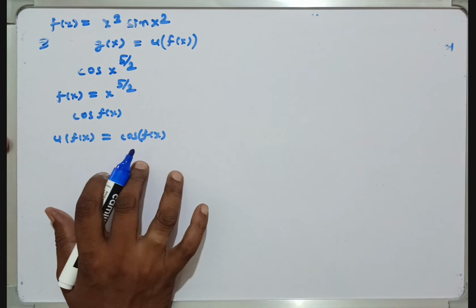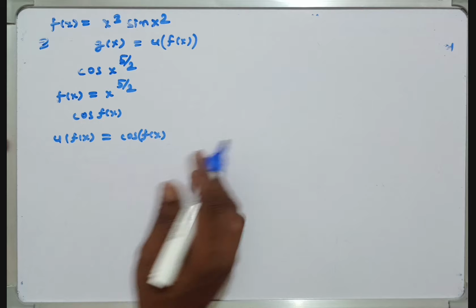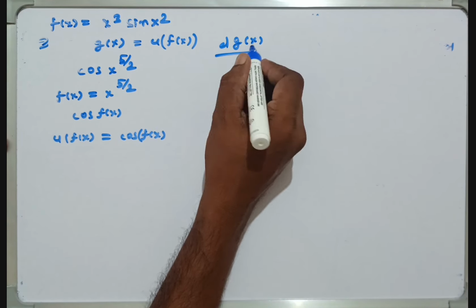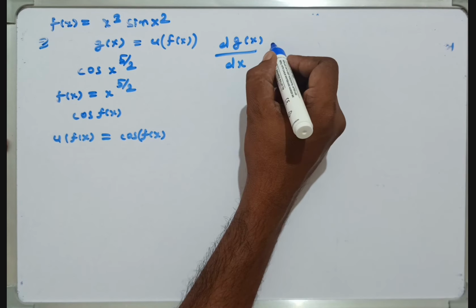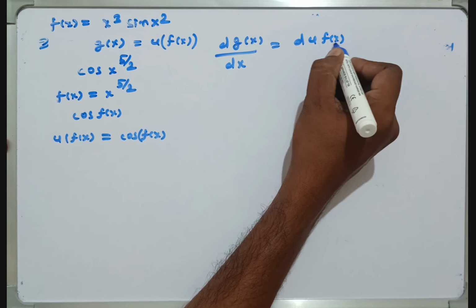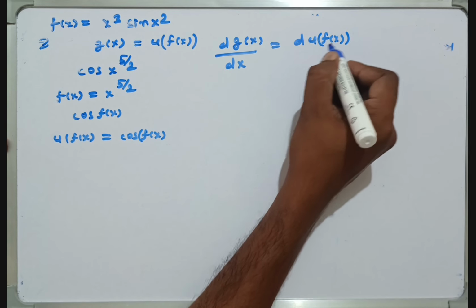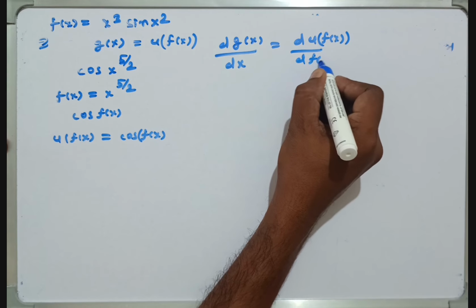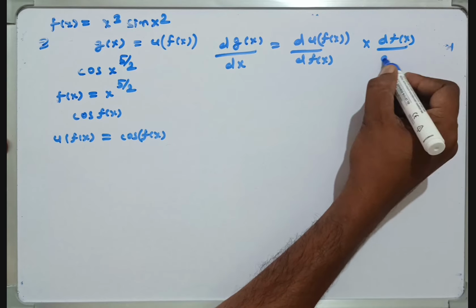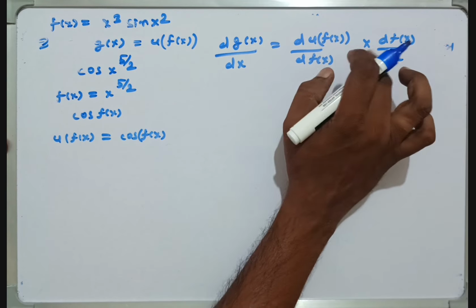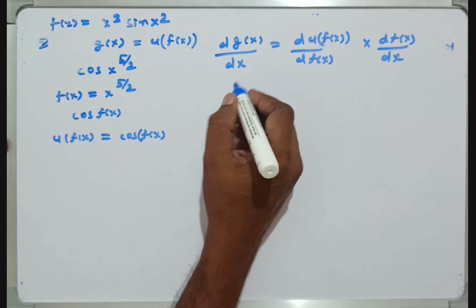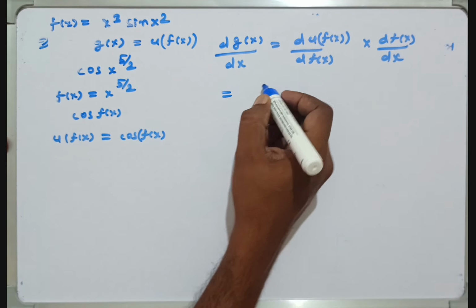Okay, so how could you find a differentiation? So in this case we can write d of g(x) by dx equal to d of u, or f(x), okay, d of f(x), and then d of f(x), take the derivative of this one. So this one cancels out, and finally we are doing the same, but it is easier to find the derivative.